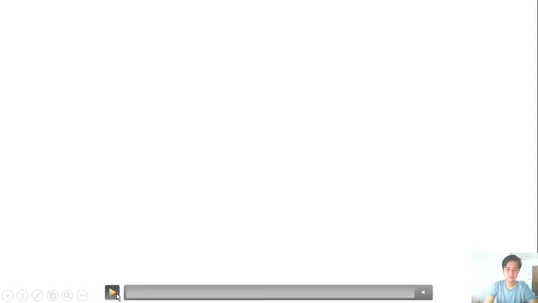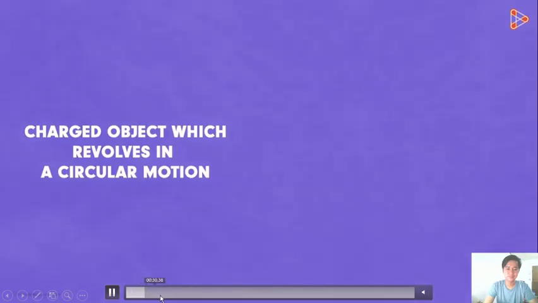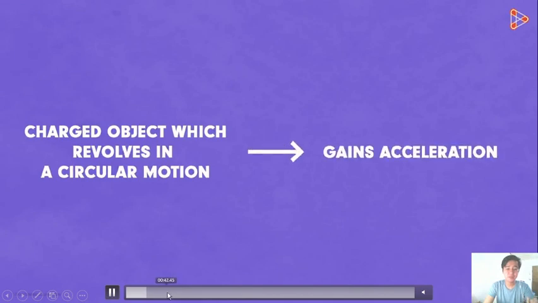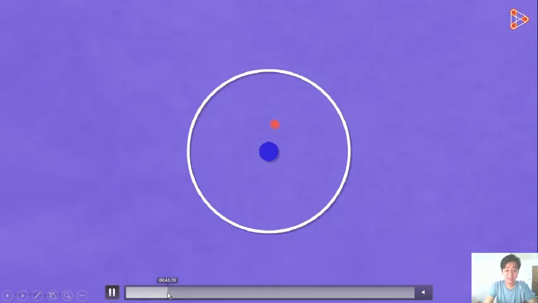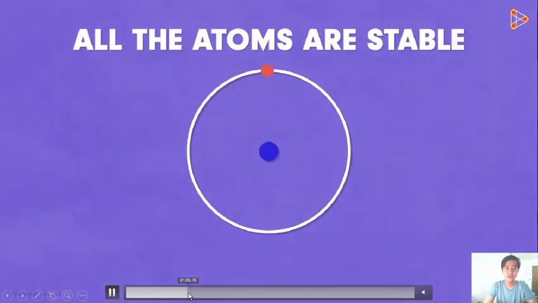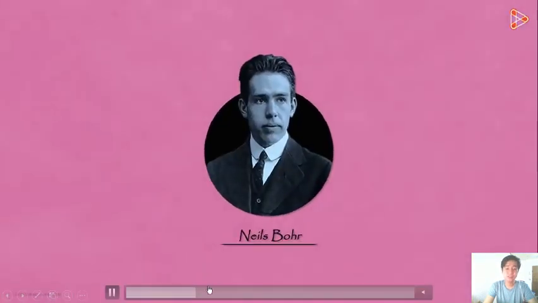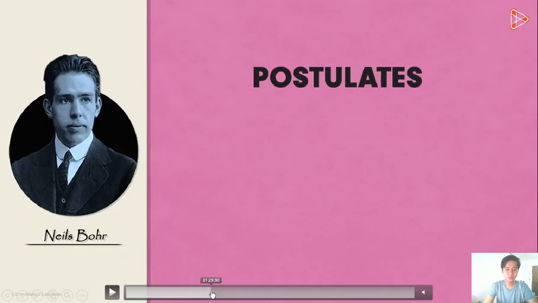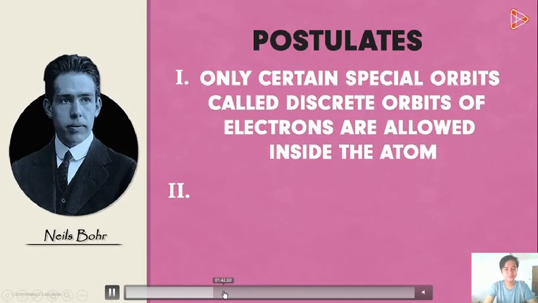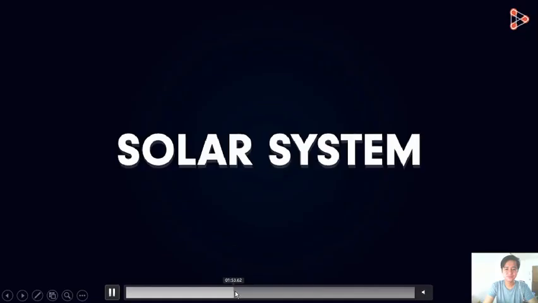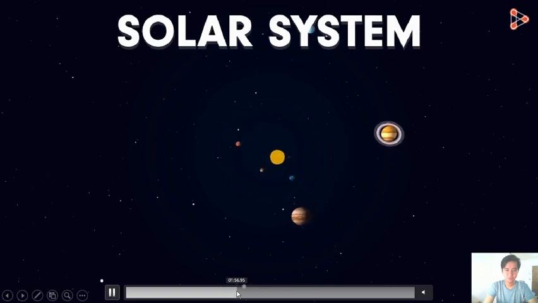Because Ernest Rutherford cannot explain this, it is very problematic, because the idea of Ernest Rutherford would end up collapsing the atom. So we have now the idea of Niels Bohr that explains that yes, atoms are stable, by proposing his postulates.